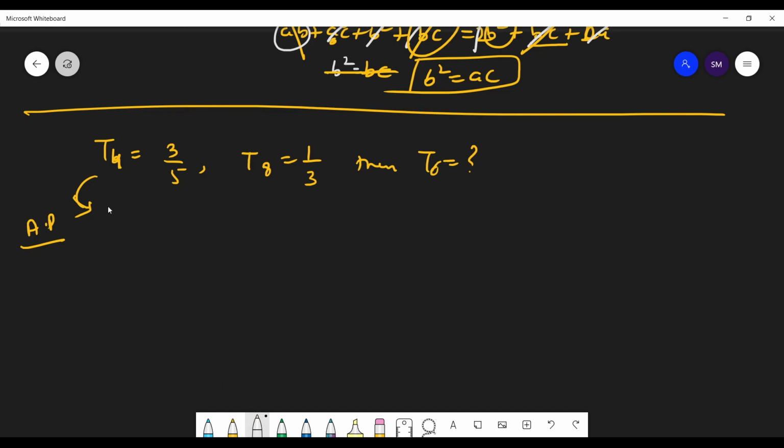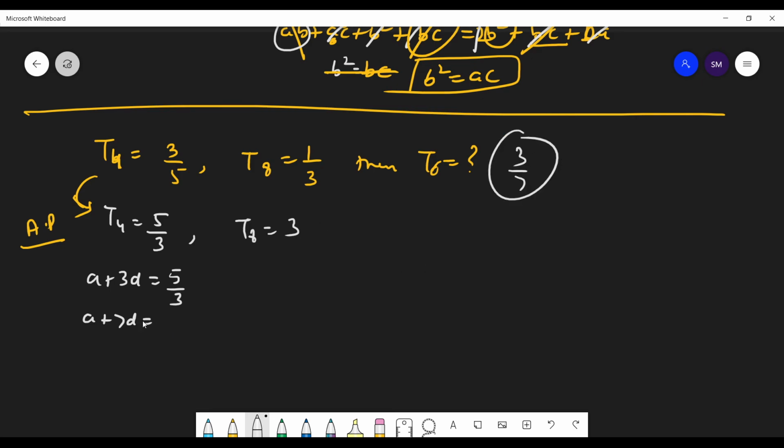So students, in AP, the 4th term will be 5 by 3 and 8th term will be 3. So a plus 3d is equals to 5 by 3 and a plus 7d is 3. Yes, Anshita is getting more intelligent day by day. Of course, she is practicing for the last almost 1 month, putting all the hard work.